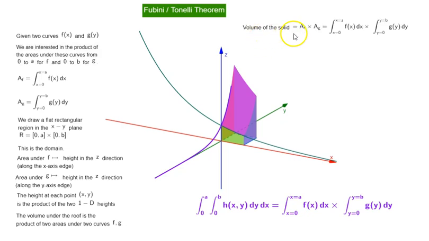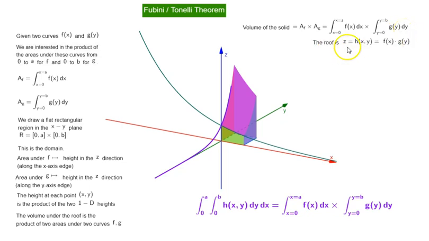So volume of the solid is equal to area under f times area under g, which is equal to the integral from x equal to 0 to x equal to a of f of x dx times the integral from y equal to 0 to y equal to b of g of y dy.